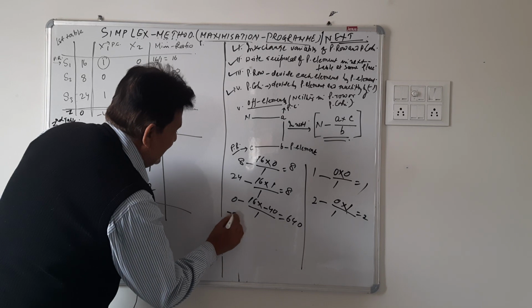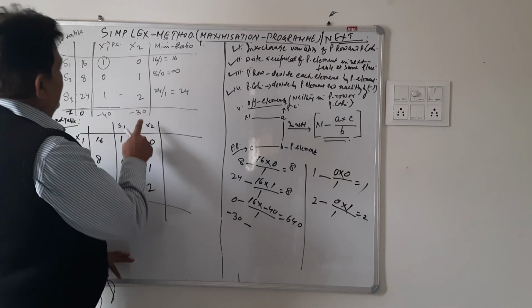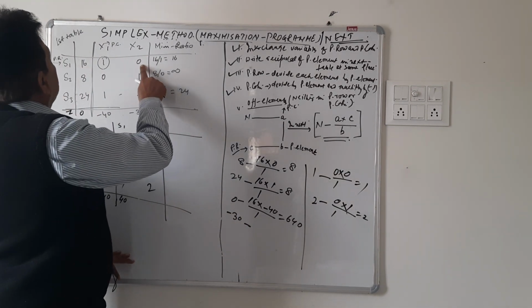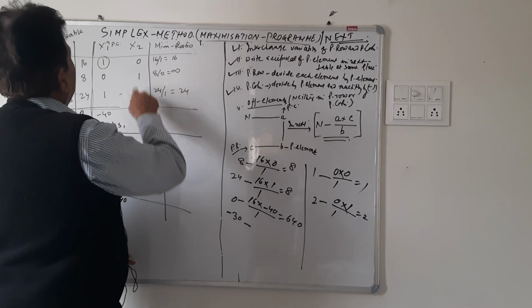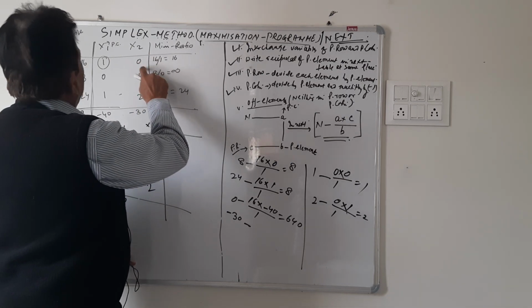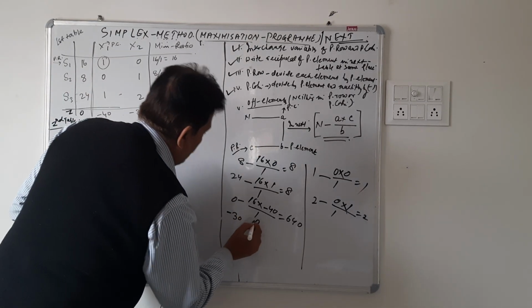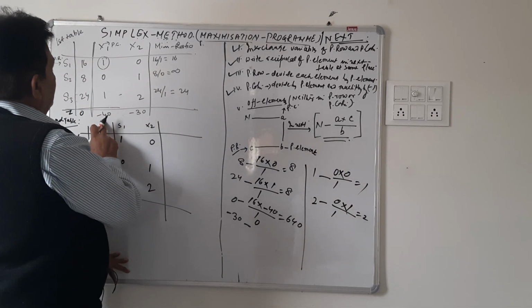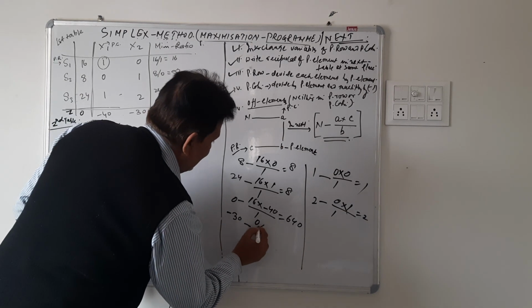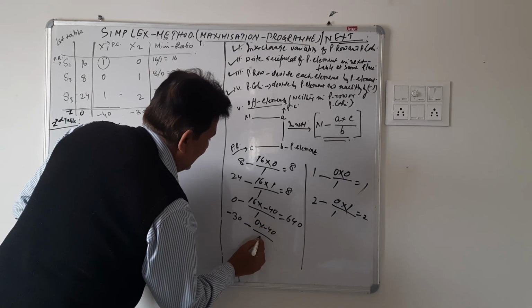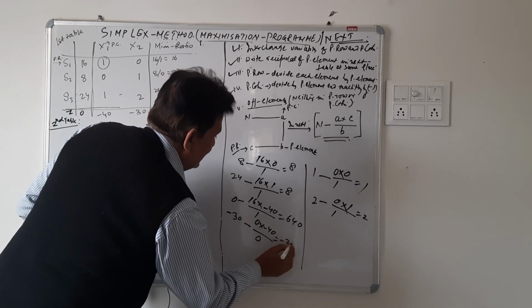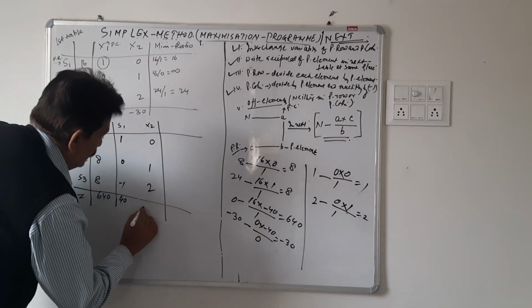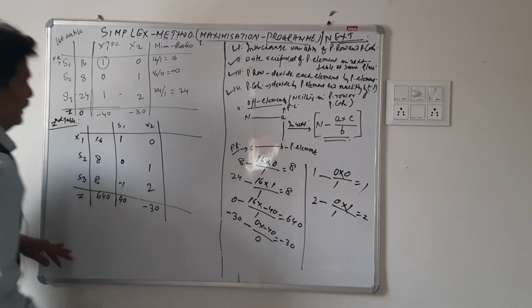Minus 30 minus corresponding element in the pivot row was 0 and corresponding element in the pivot column was minus 40 and divided by 0. So this is minus 30. So we have completed the second table.